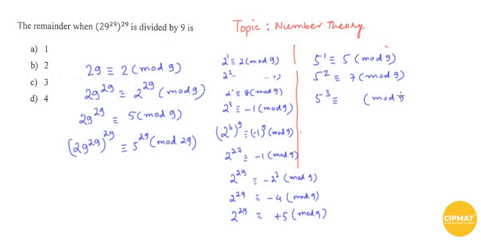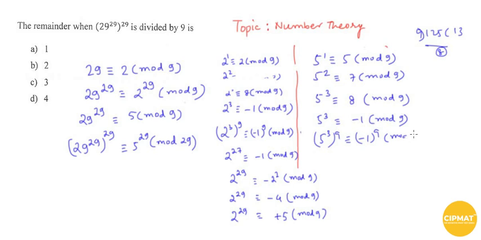When we divide 125 by 9, we see the remainder comes out to be 8, so it will be 8 mod 9. This can be written as 5 cube congruent to minus 1 mod 9. So 5 cube to the power 9 is congruent to minus 1 to the power 9 mod 9.